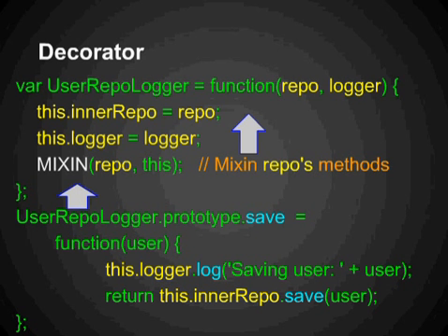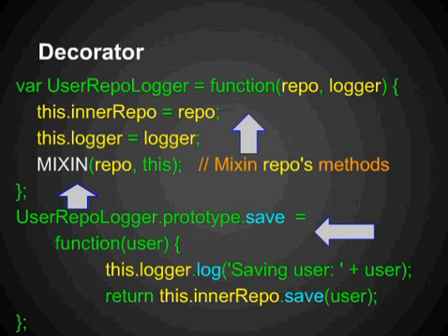And then what it does is instead of calling object.create on user repo, it's going to mix in all of the methods from the repo object we passed in into this object. So this is really a convenience for us that lets us implement the user repo interface by just using all of the methods from the repo that was passed in.